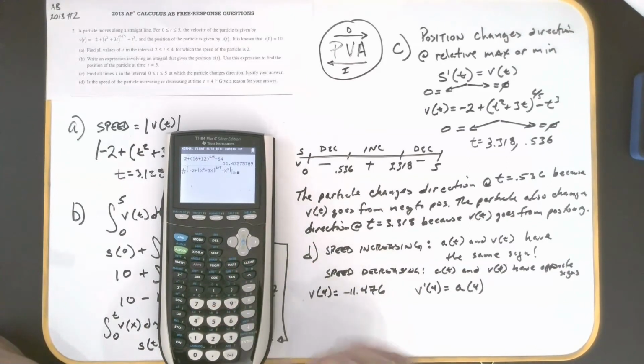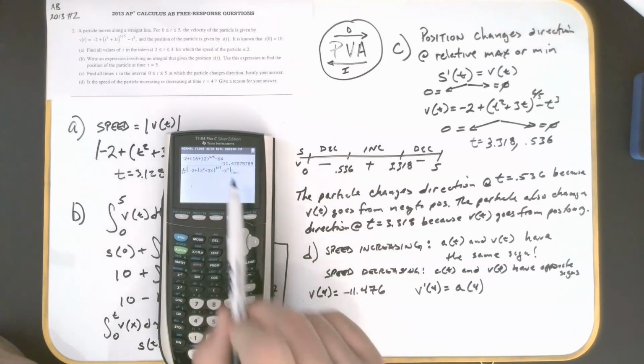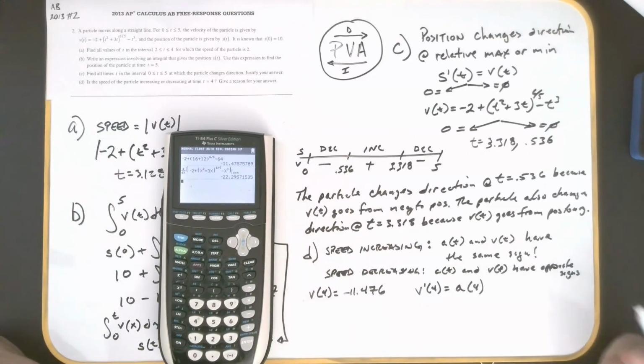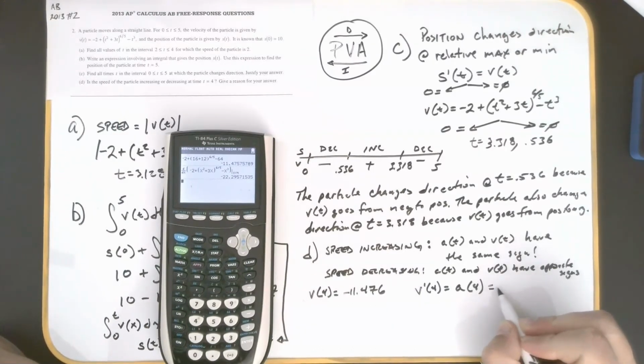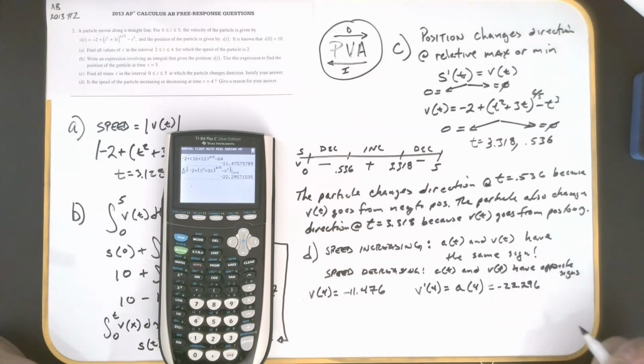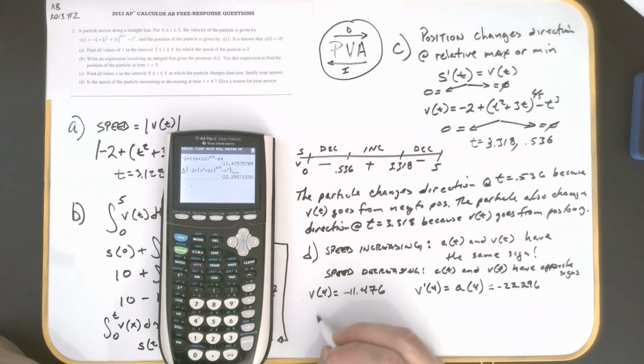So the calculator will take the derivative of the function, and then we're going to evaluate it at 4, so I'm putting 4 in there, and the calculator gives us negative 22.296 rounded.